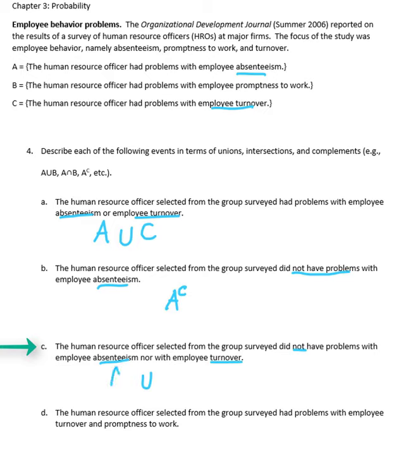That was event A. But remember, it said they did not have problems. So I need the complement event A in union with turnover. So they did not have problems with absenteeism nor with employee turnover. Turnover was event C, and we need the complement of that.